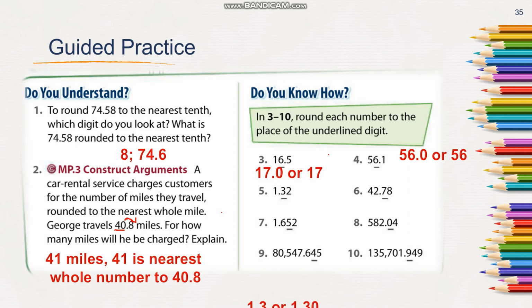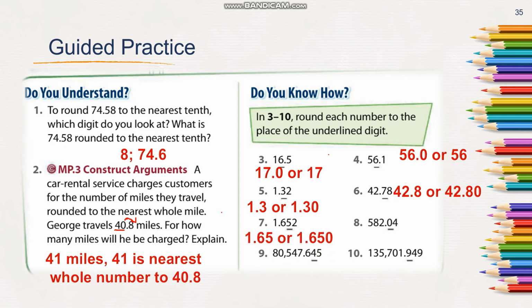Number 5 is 1.3 or 1.30. Number 6, 42.78. The answer is 42 and 8 tenths or 42.80 or 80 hundredths.